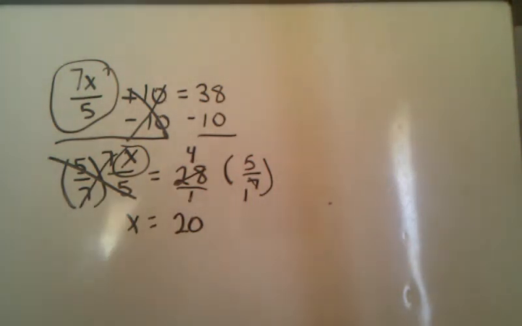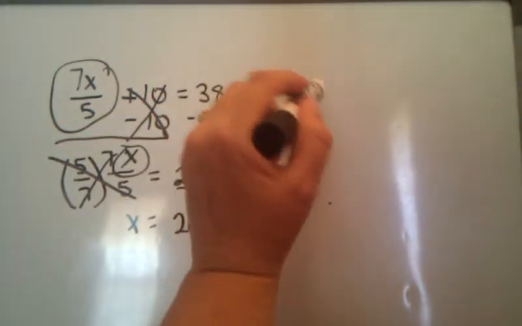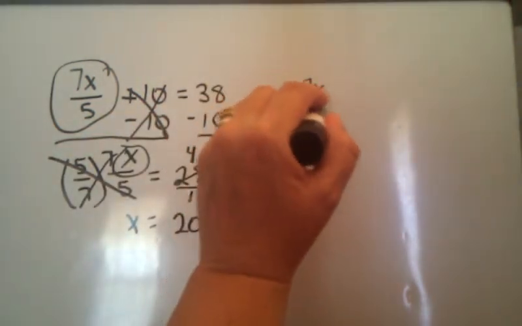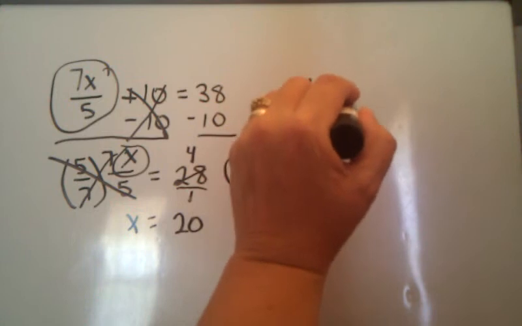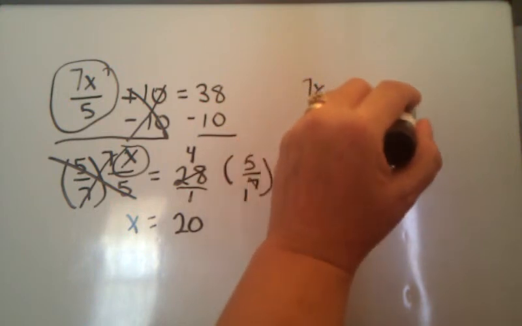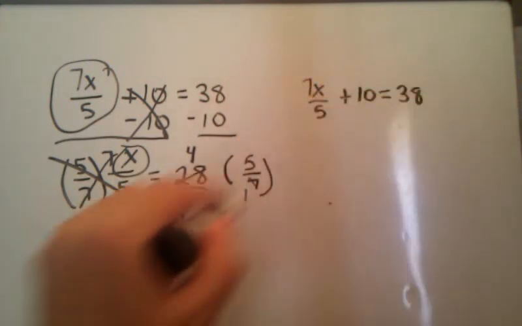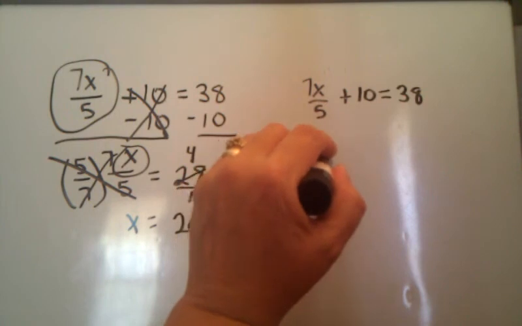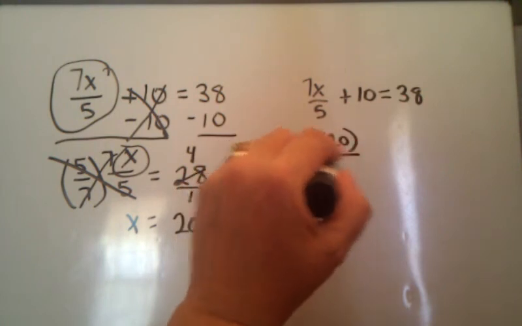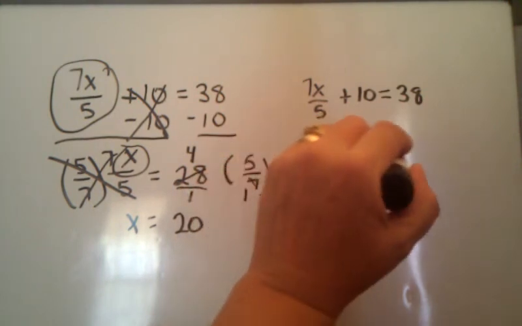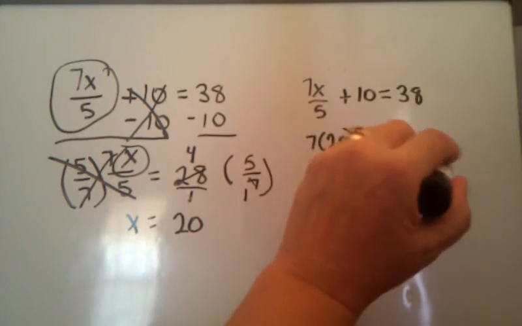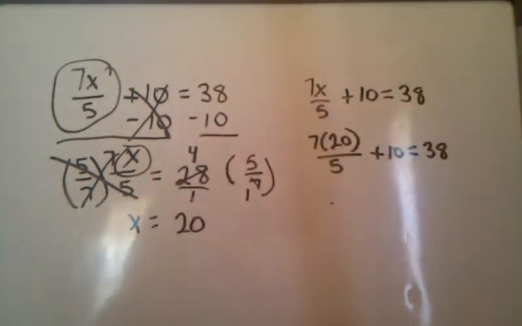Now let's check it. I have to write the same problem down that I had, 7x over 5 plus 10 equals 38. I'm going to substitute the 20 where the x is. 7 times 20 over 5 plus 10 equals 38. Let's see.